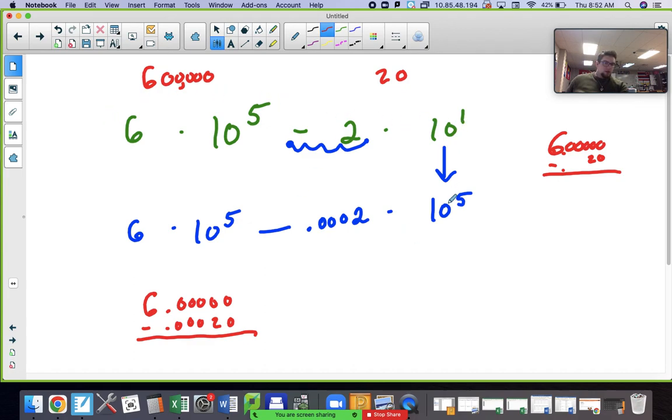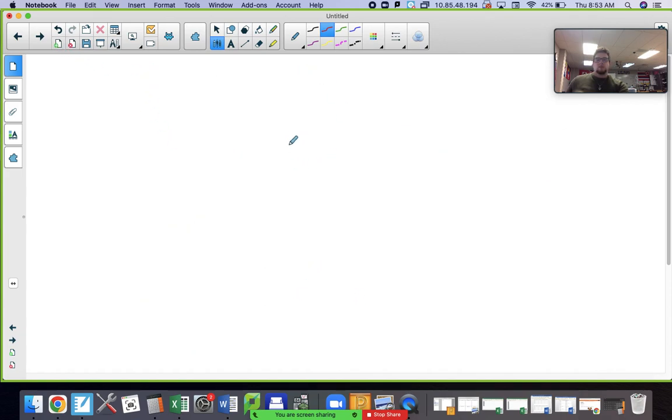So make your power go larger, you move your decimal to the left. If you want your power to go smaller, you can move your decimal to the right. Just in the end, whatever your answer is, we want to make sure it's in scientific notation. So after you subtract, say you get the number 37.25 times 10 to the 7th. This is not scientific notation.